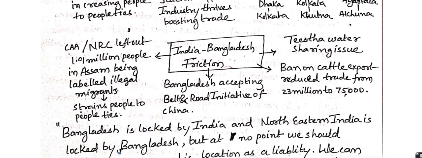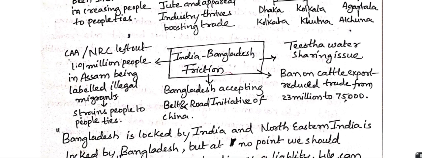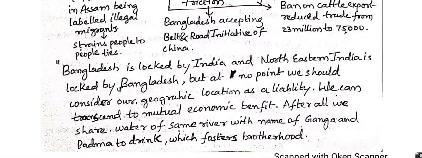So this is where your body ends, and this conclusion or way forward, whatever you call it, is something that matters a lot. If you read it out: Bangladesh is landlocked by India and Northeast India, but at no point should we consider our geographical location a liability.